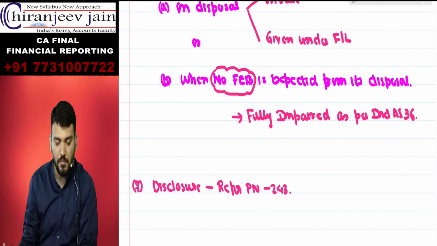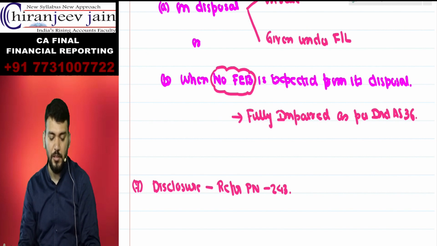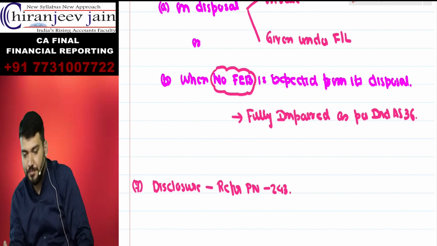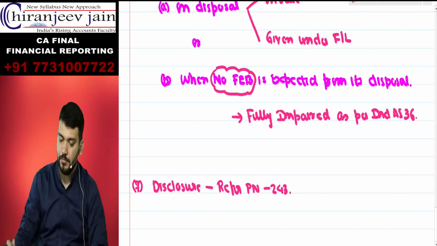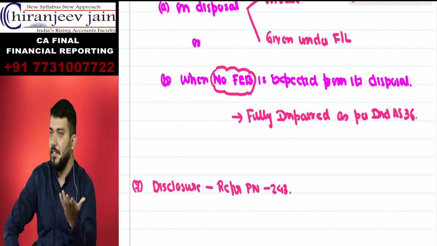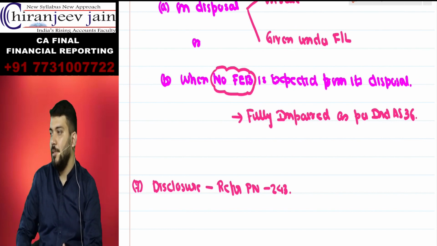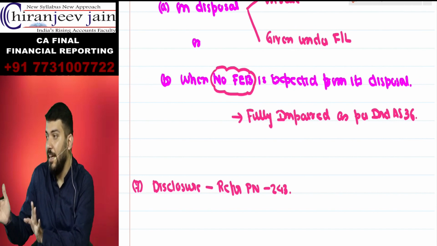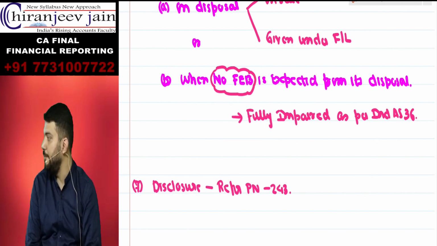Can you do by your own? This is only matter of time that you should read. Chalo, what question will do? No difference here. Because no corresponding, no specific AS was there. No specific accounting standard was there.